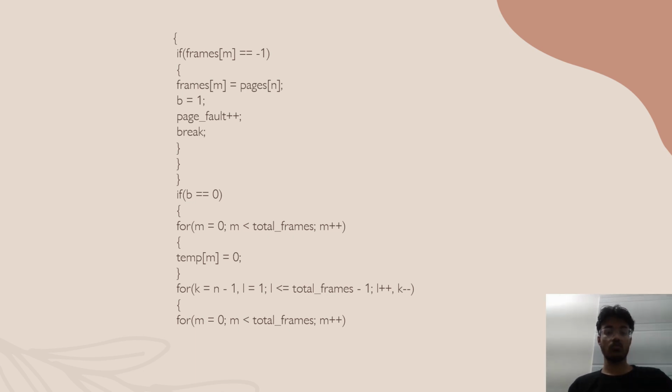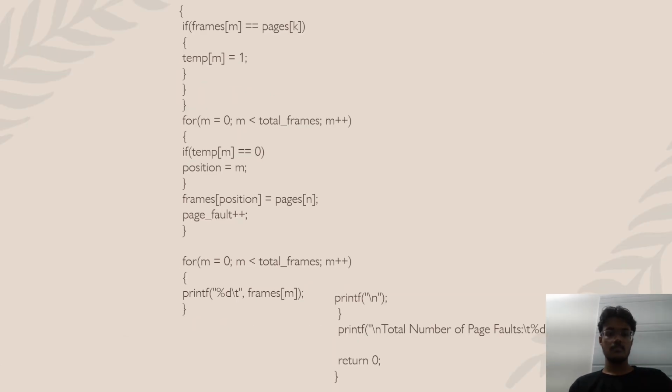If b is equal to 0, temp is equal to 0. Then next for loop again, k is equal to n minus 1, up to total frames, and write it as it is. At the last you have to write position is equal to m, then frame of position is equal to pages, then page fault incremented by 1 here.